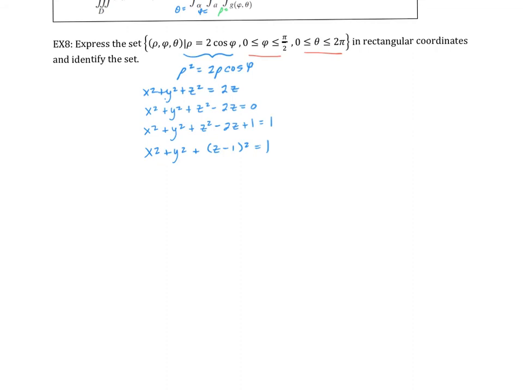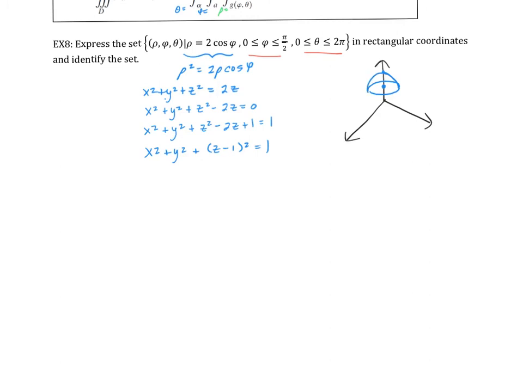So let me go ahead and do a quick sketch. The center is at 0, 0, 1. So is it the whole sphere? I don't know. That's my center. I'm going all the way around for my theta. But remember it's starting at the positive z-axis. My phi only goes 0 to pi over 2, and it goes on both sides.